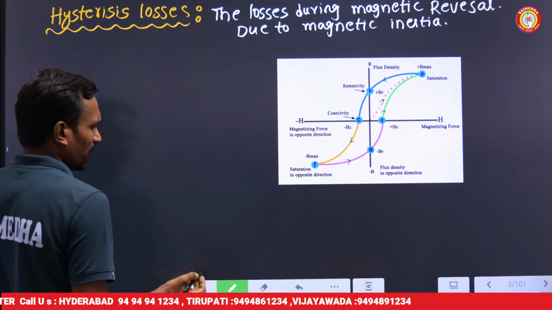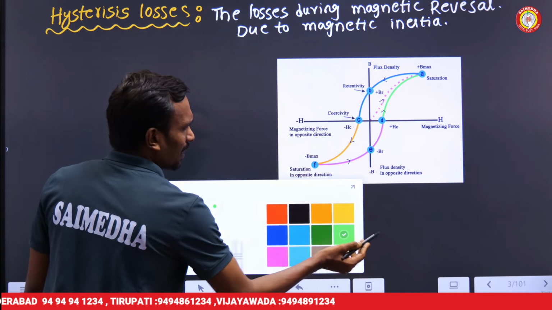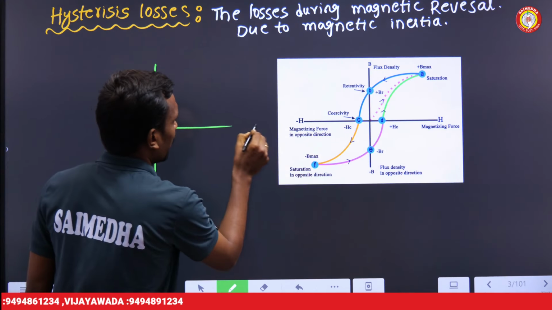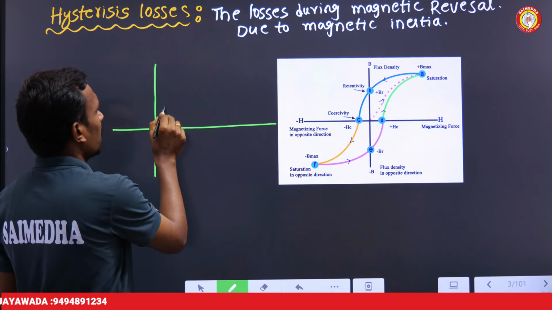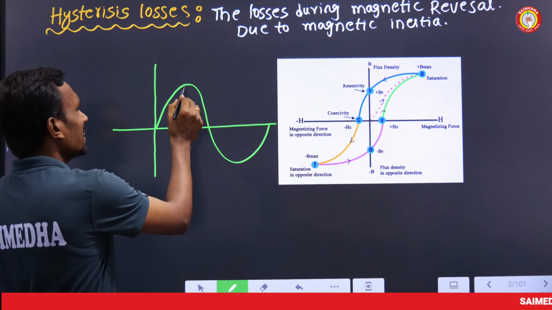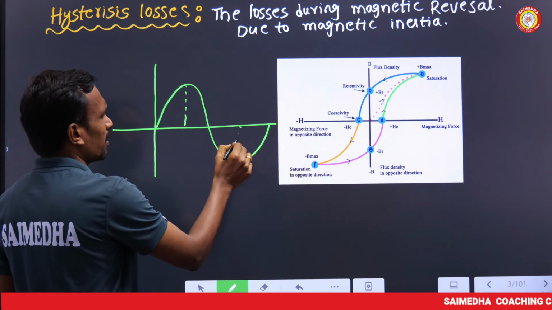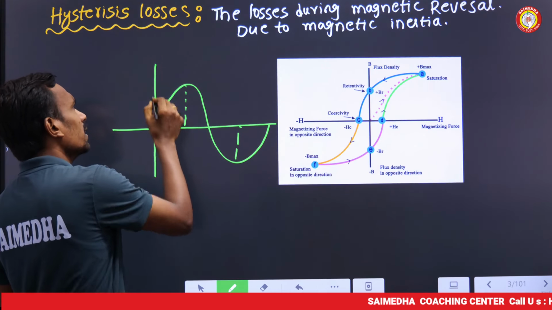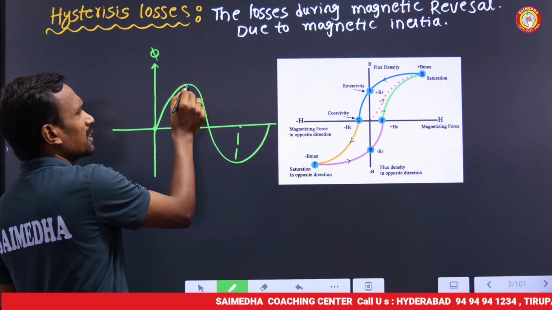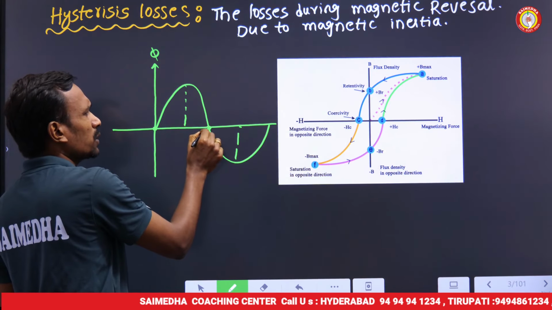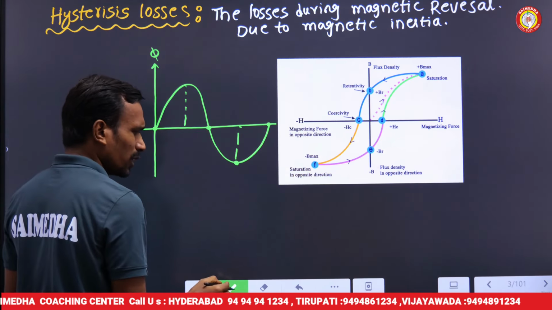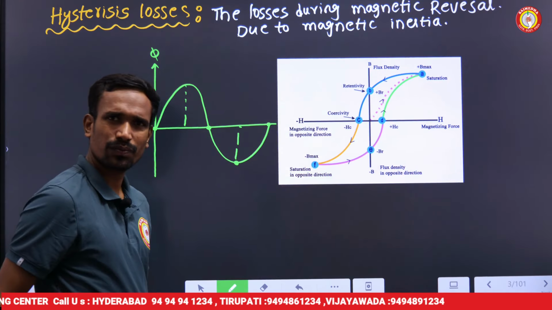For example, I am giving an AC supply to the transformer. With this AC supply, the flux is 0 initially, then goes from 0 to maximum, then from maximum to 0, then from 0 to negative maximum, and again to 0.